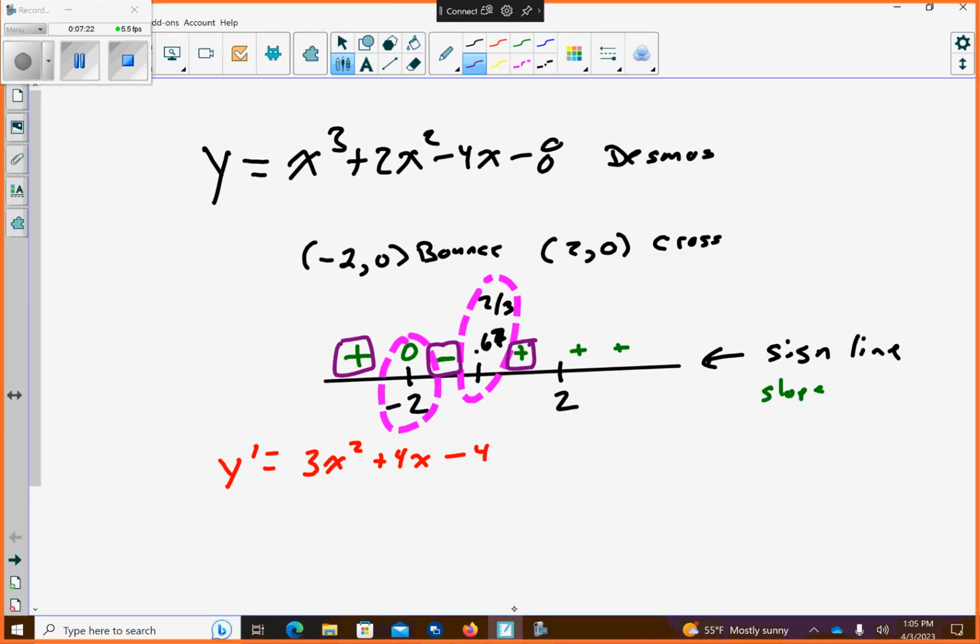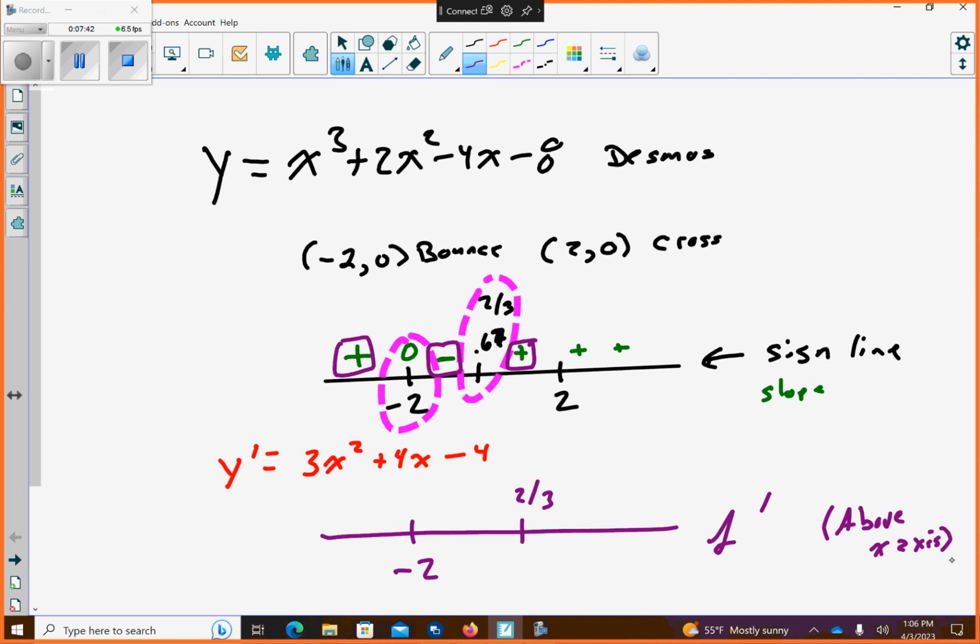So if I drew the f prime, I have -2 and I have 2/3. If we list above the x-axis, that's going to take place. Okay? So above the x-axis would be a positive value. So it's positive here, it's positive here, it's negative here.